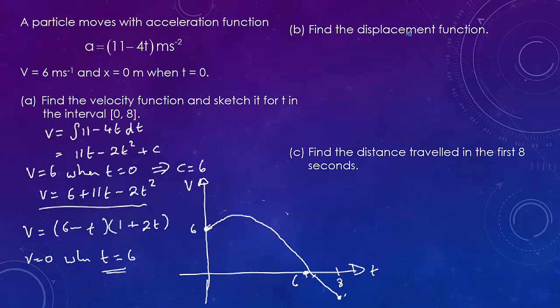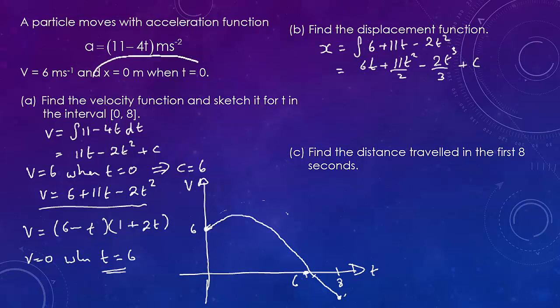We want to find the displacement function now. So in order to do that, we need to integrate the velocity. So x is going to be the integral of 6 plus 11t minus 2t squared. So that's going to give me 6t plus 11t squared over 2, take away 2t cubed over 3, plus some constant.